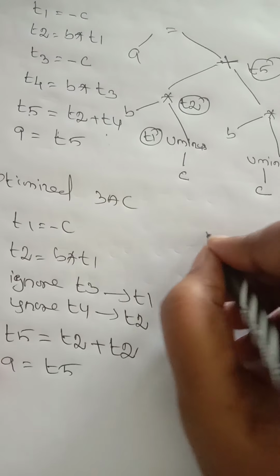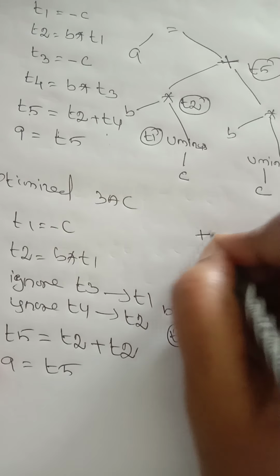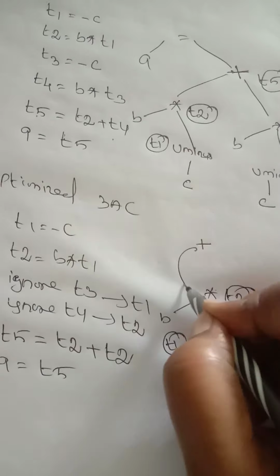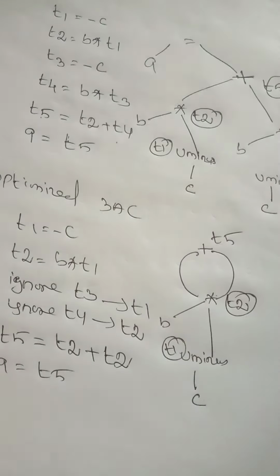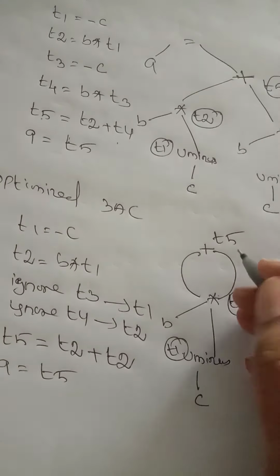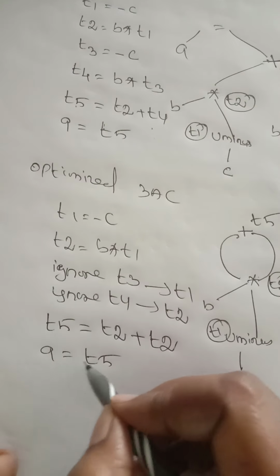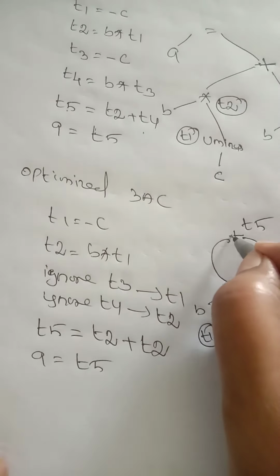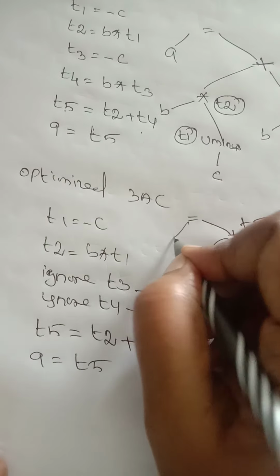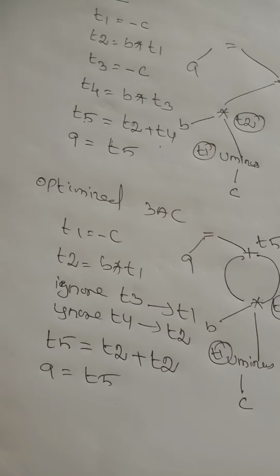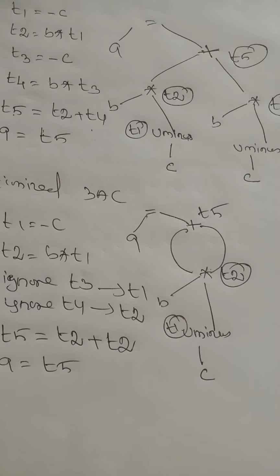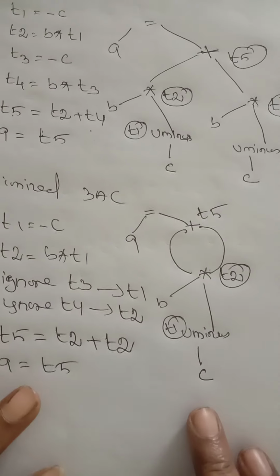This is called T5. Next we have to assign A equal to T5. We assign this result to variable A. That's all. Now this is the optimized code.